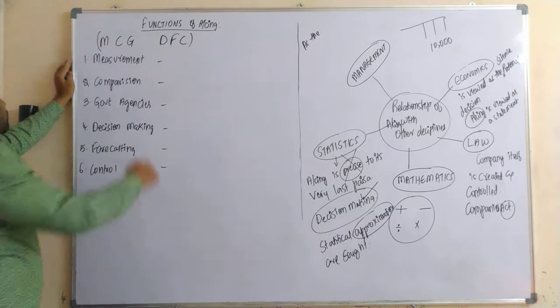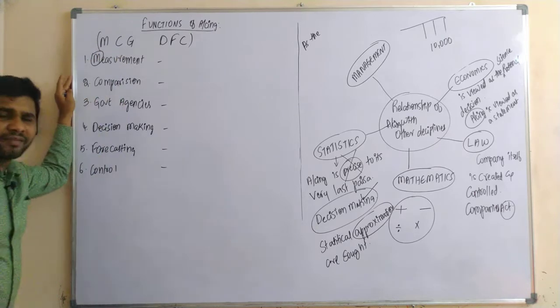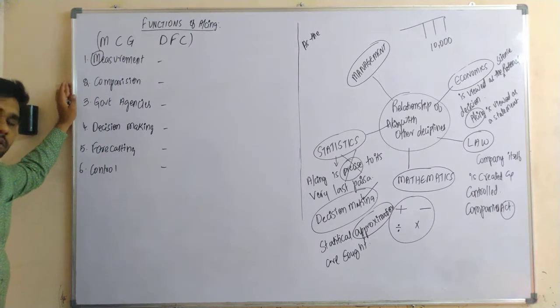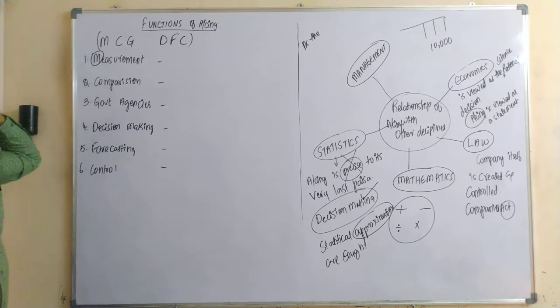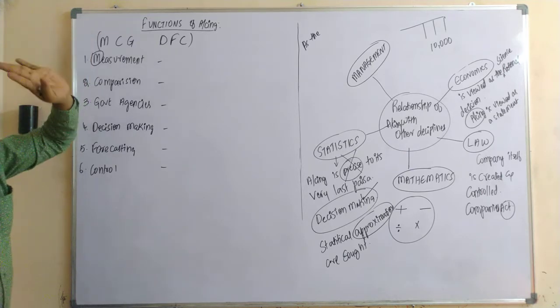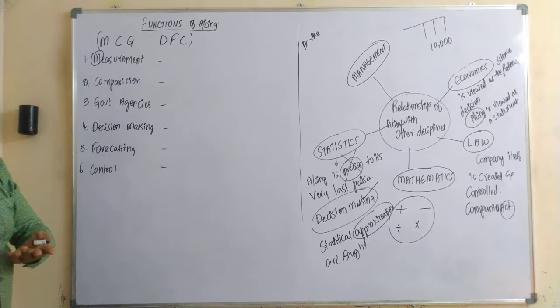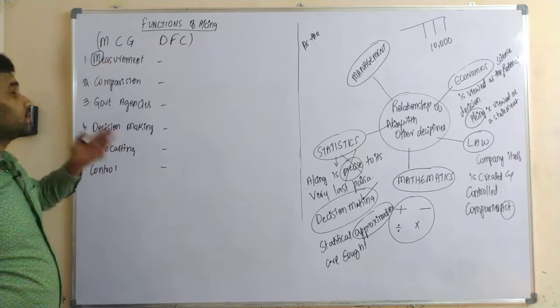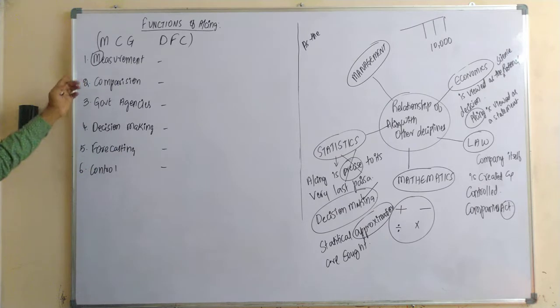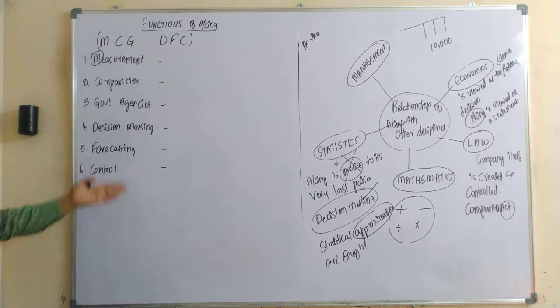So M is nothing but your measurement. As you would be having a lot of things to remember in your examination, so by this it would be easy to understand the functions of the accounting, because you need to learn a lot. Yes or no? So you would be having a lot of things going on in your mind upon examination, so it would be easy to remember for you.